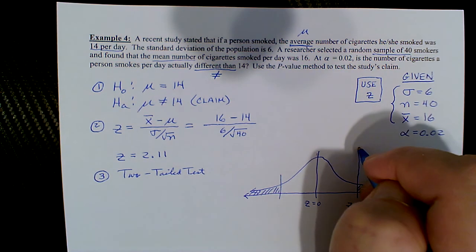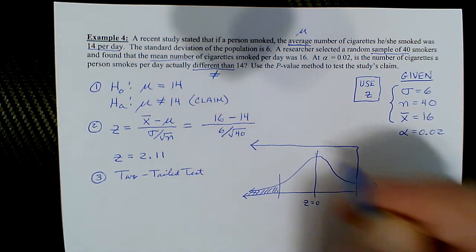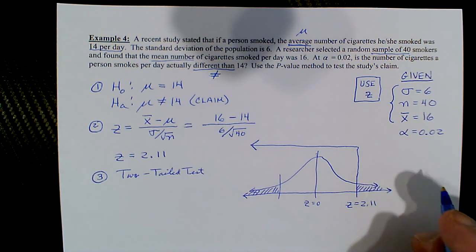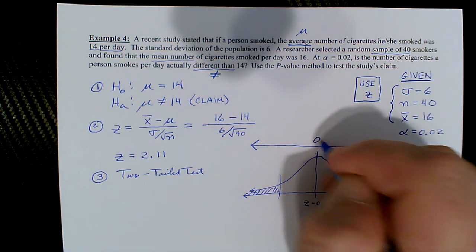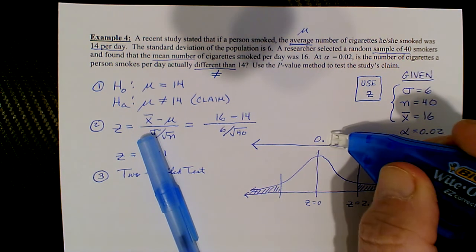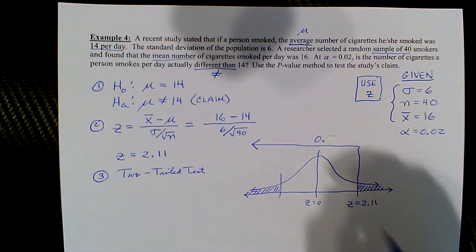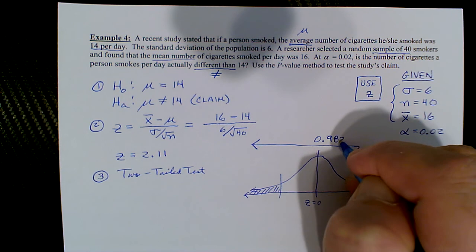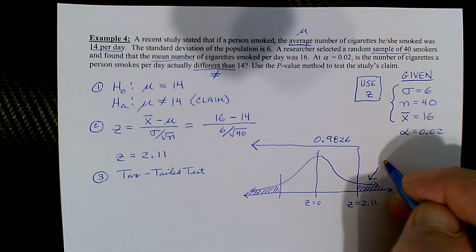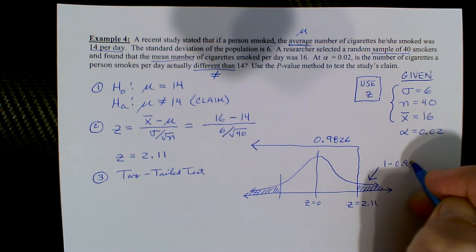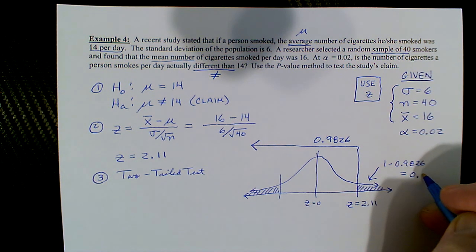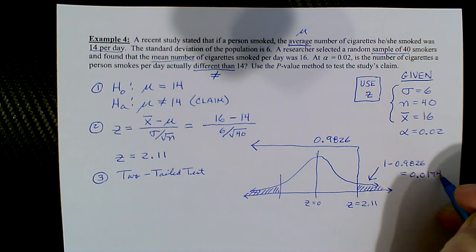Now to find the area in the right tail, we first have to find the left cumulative area from table 4, which is 0.9826. So that means the area in the right tail is 1 minus that, its complement, or 0.0174.